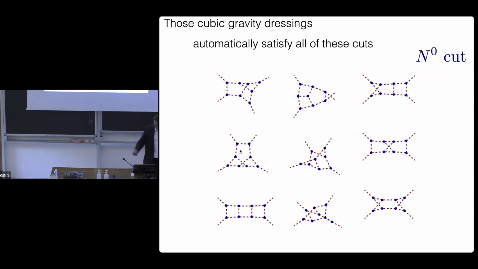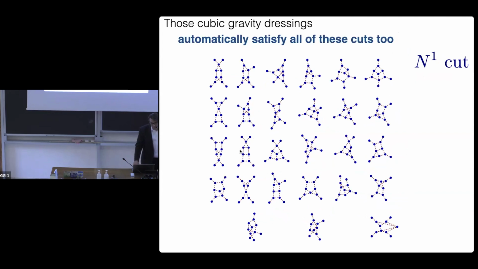Those are automatically satisfied in the supergravity theory because on next to maximal cut conditions, we've just got a 4-point tree. As we saw before, as I walked through in detail, you always satisfy Jacobi under those on-shell conditions. So you get all of these cuts for free as well.